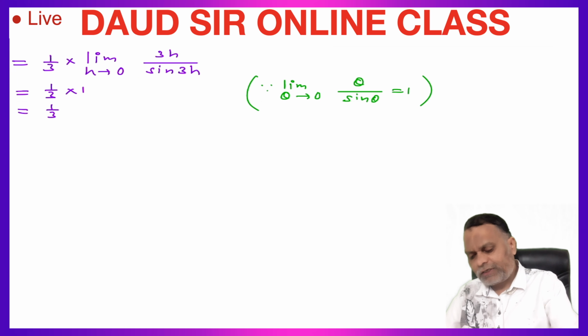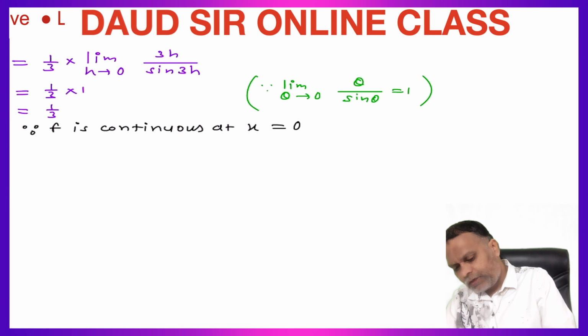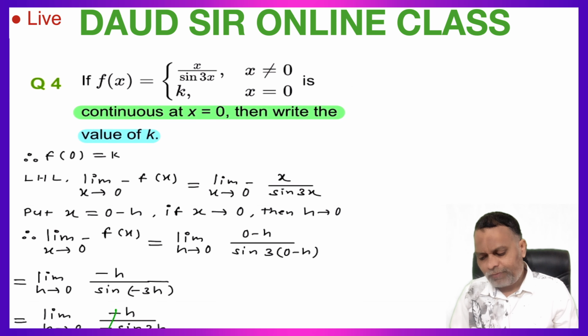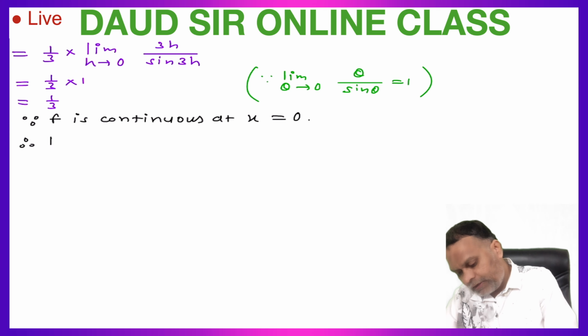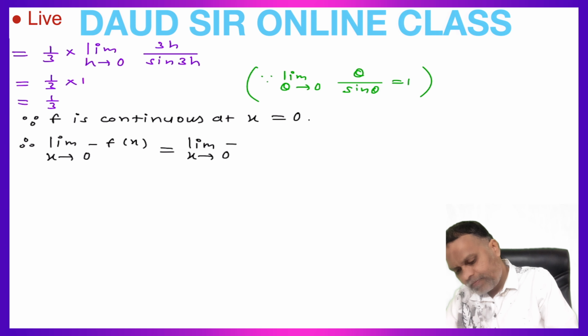Since the given function is continuous at x is equal to 0, therefore left hand limit is equal to right hand limit is equal to f of 0.